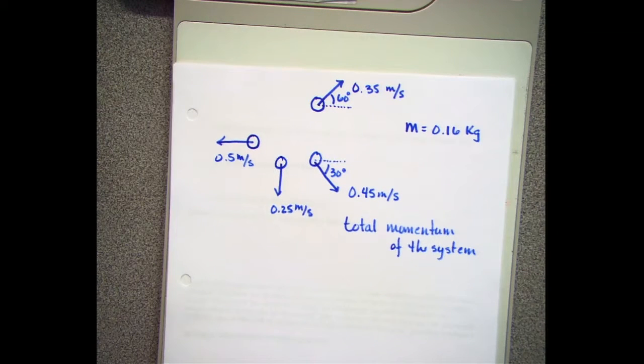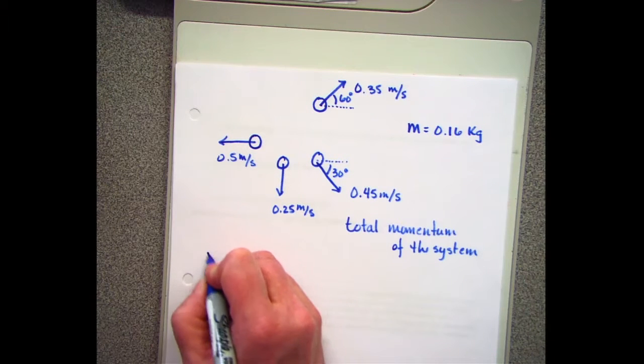So in this case, we're just calculating momentum, except I have to account for angles. This is not just in the x direction. It's not just in the y direction. I have to account for angles.